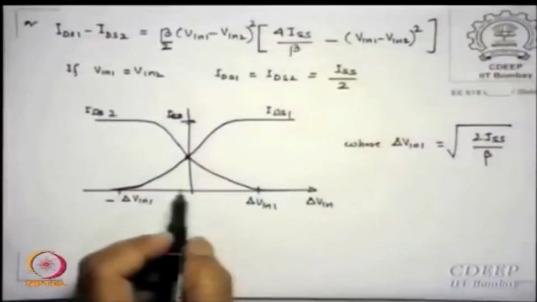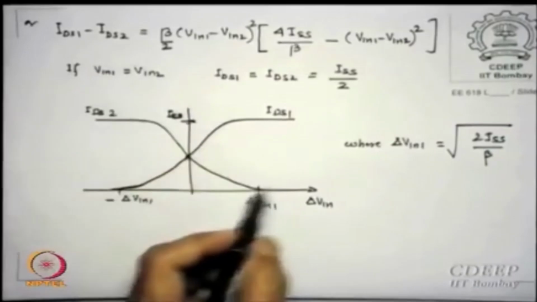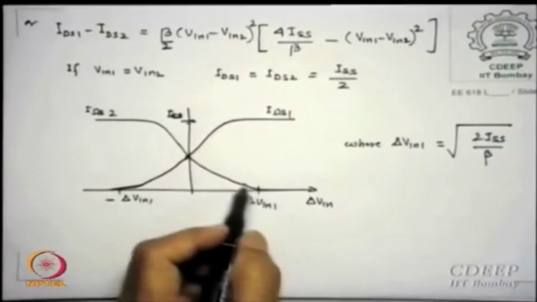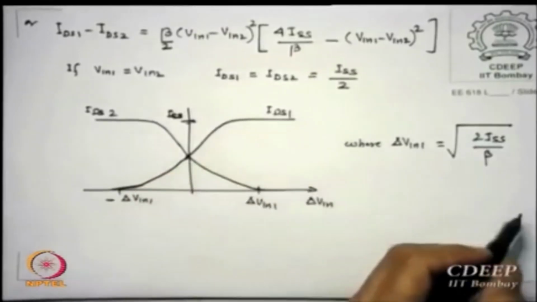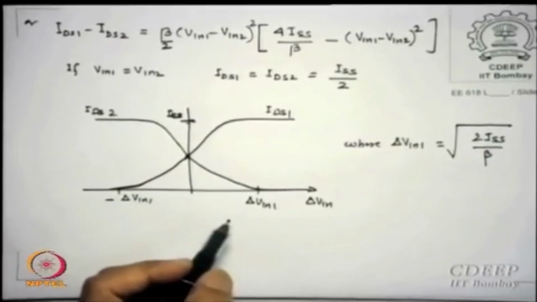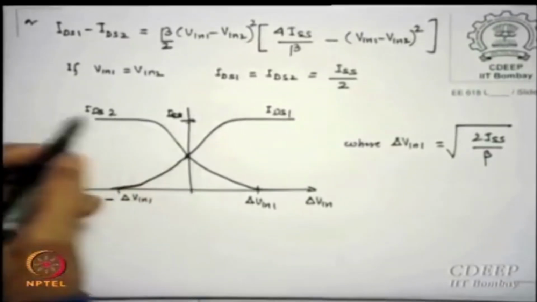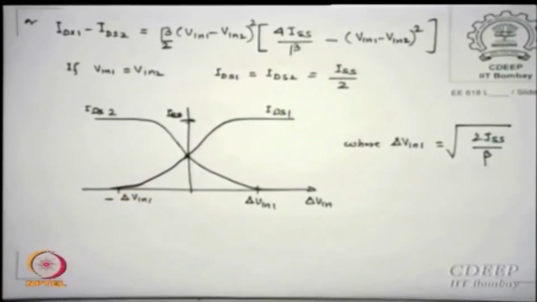So as delta V in starts increasing, IDS2 starts falling and IDS1 starts increasing, because that is what the expression is telling me. As I increase a bit beyond, the other transistor turns off and all of the current goes to IDS1. By the same logic, if I go to the opposite side, symmetry tells us IDS2 will reach ISS and IDS1 will become 0.